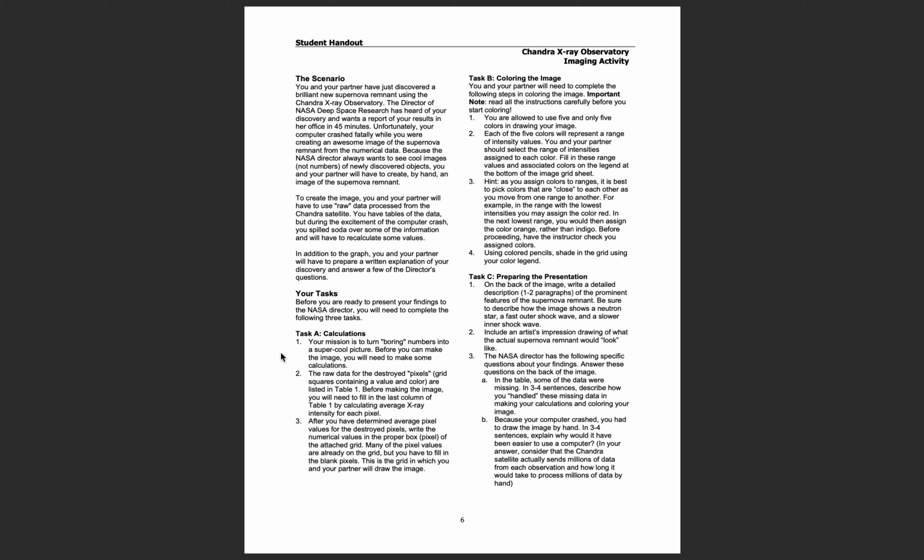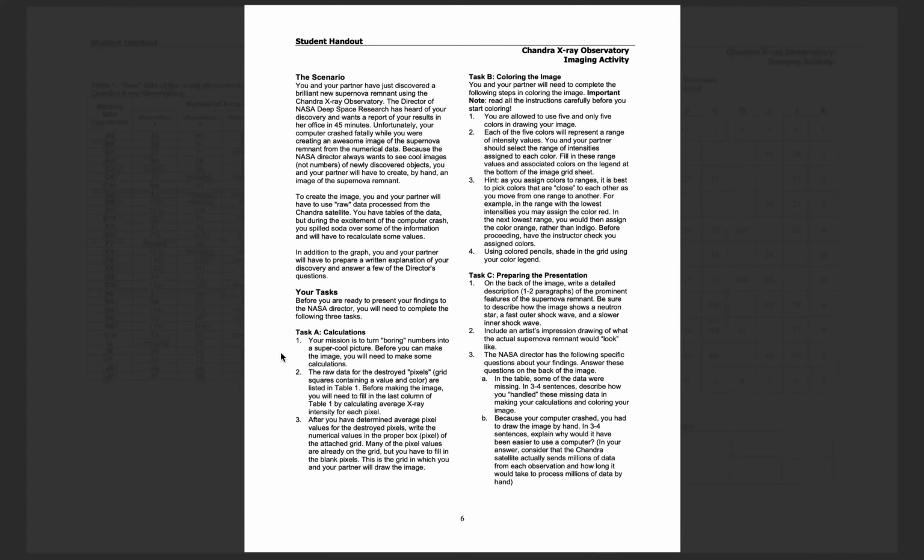They start you off with a little made-up scenario that you are operating this Chandra X-ray Observatory. There was a computer malfunction and it lost some of the data, and now instead of the computer processing all that data, you are going to process some of it so that you can get an idea of the data that it collected.